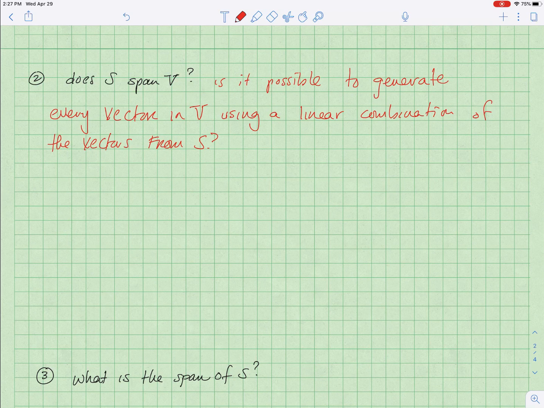So that would look a little bit different, right? The linear combination would be the same. So for the same S, c1 times (1, 0, 1, 0) plus c2 times (-2, 3, 0, 1) plus c3 times (1, 1, 1, 0).